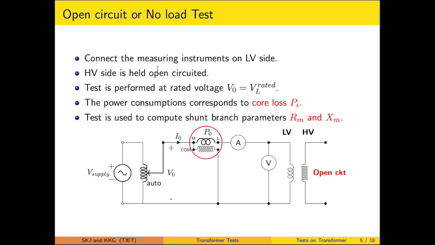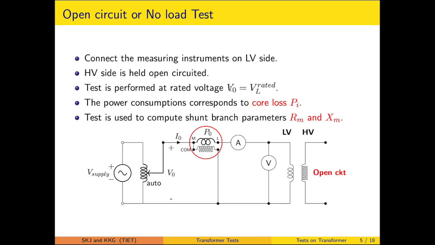The open circuit test, or no load test. This is carried out at the rated voltage. The low voltage side is the choice in comparison to the high voltage side. So all the measuring instruments are connected on the low voltage side, where the high voltage side is kept open circuited.